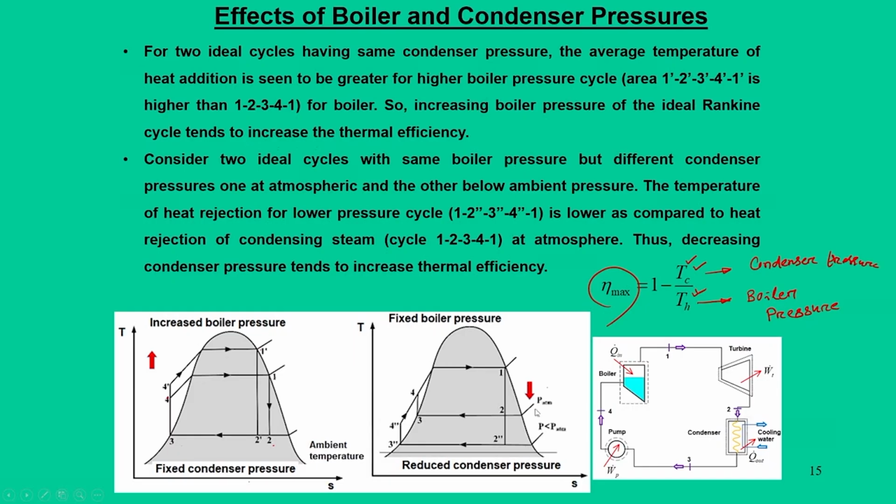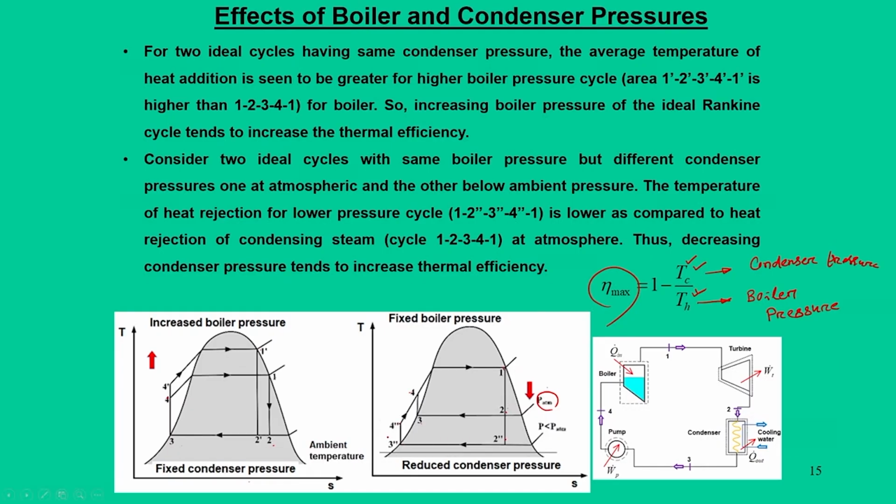The other side of the story is that for the actual Rankine cycle at a fixed boiler pressure, if I drop the condenser pressure, then in normal circumstances the water should come down at atmospheric pressure, but intentionally I keep the condenser pressure below atmospheric, so that 2 becomes 2 double dash. The initial cycle 1, 2, 3, 4 and 1 now becomes 1, 2 double dash, 3 double dash, 4 double dash.